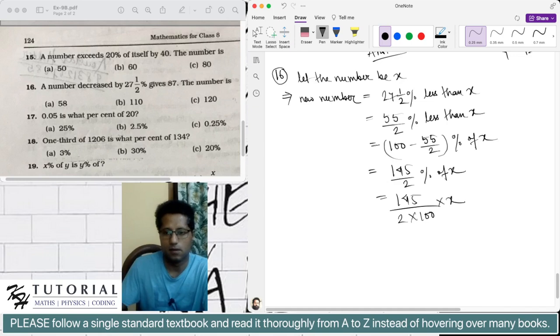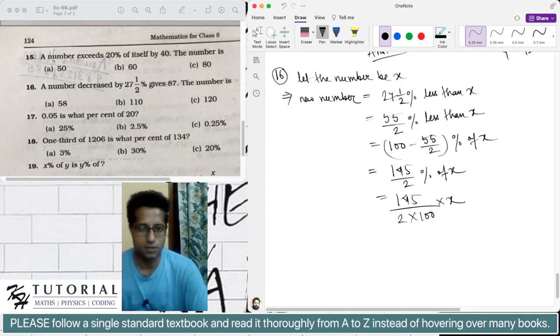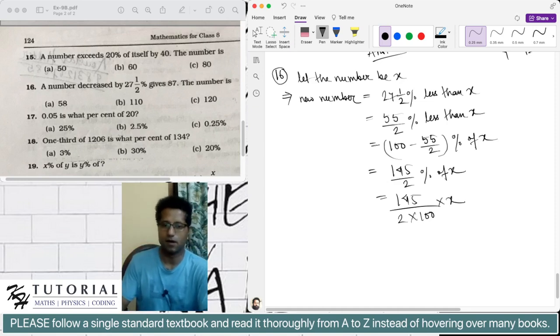So this is the number when we have assumed the original number to be x, and when it is decreased by 27.5%, the number becomes 145x by 200, and this number is given to be 87.